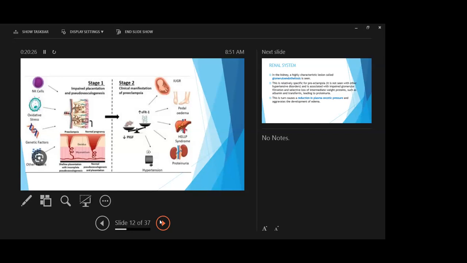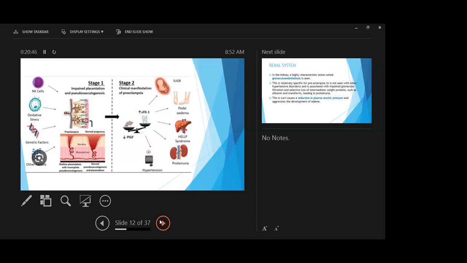I always kind of mix them up. So soluble FLT. Actually, these are the chemicals which, in the early stages, if you measure them, let you predict development of preeclampsia in a woman.